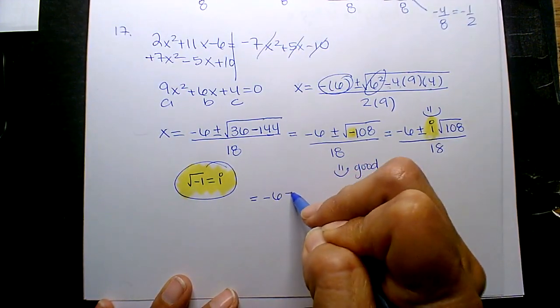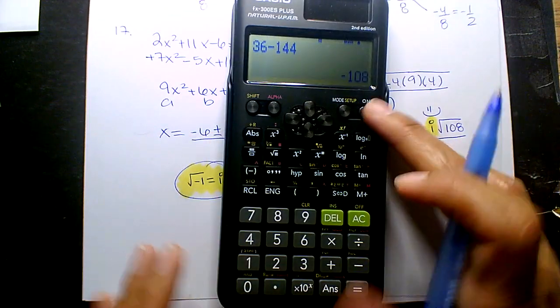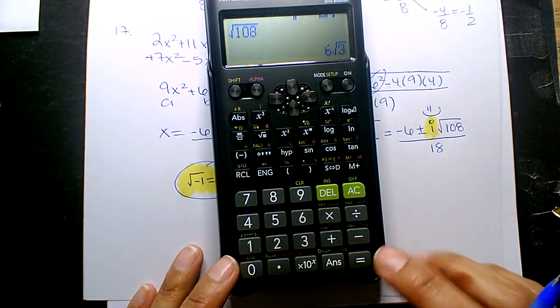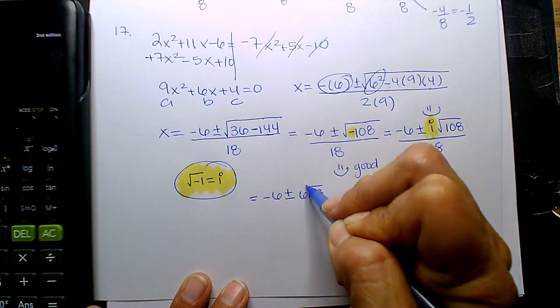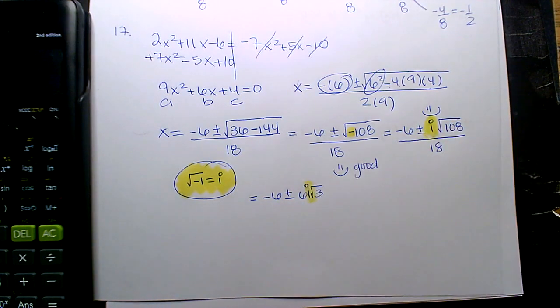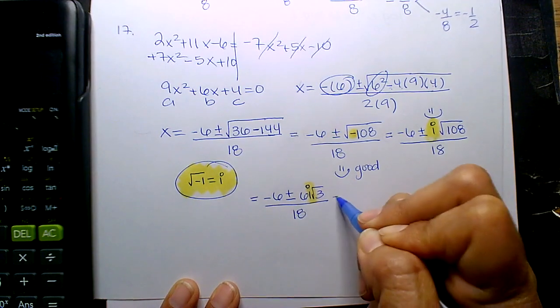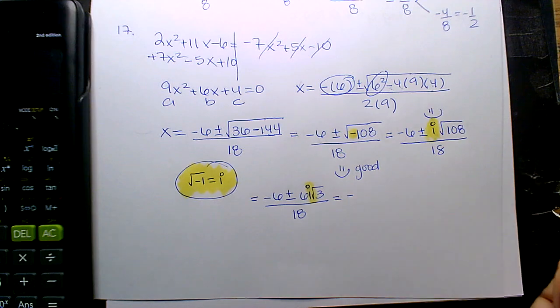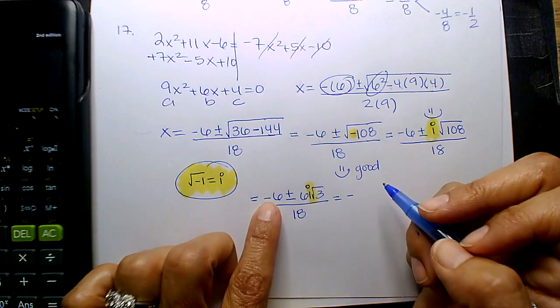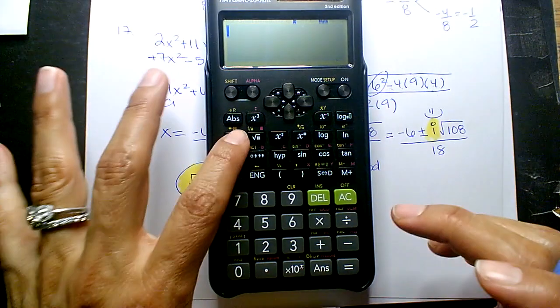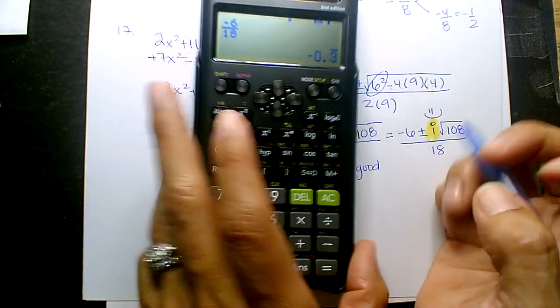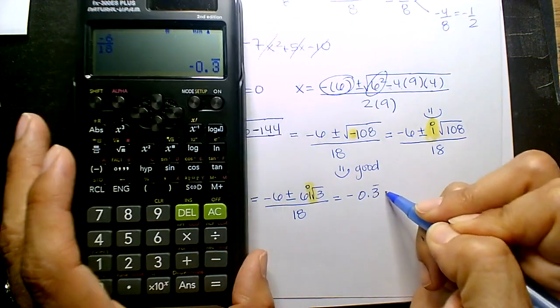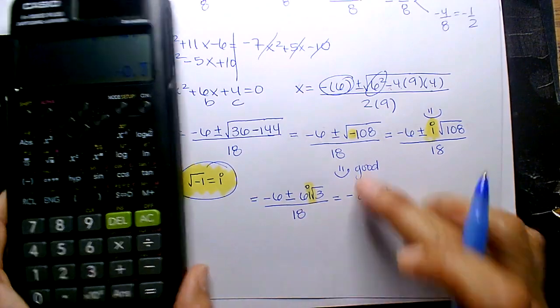So -6 plus or minus, what's the square root of 108? Positive 108. 6 rad 3, right? Oh wait, I forgot my I. I, right, don't forget that little I right there, all over 18, and then negative. Okay, this is great too, but if you wanted to keep going down to a decimal, -6 divided by 18 is -0.3 plus or minus, now what is 6 rad 3?